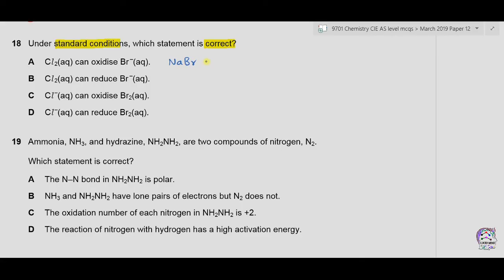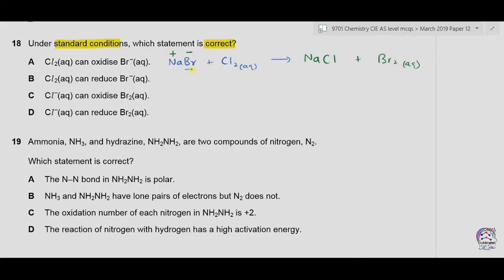Now the reaction of NaBr with chlorine aqueous. As sodium has positive charge and bromide has negative charge. Now this reaction is possible because chlorine is more reactive than bromine, so it will displace bromine and form NaCl along with bromine aqueous.